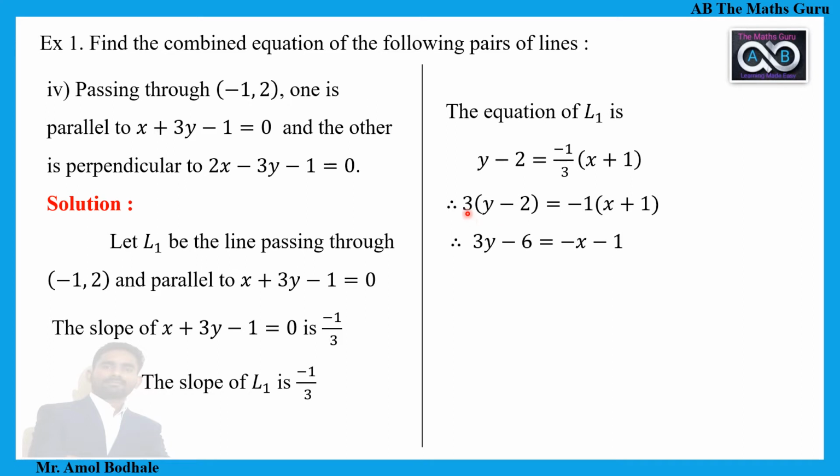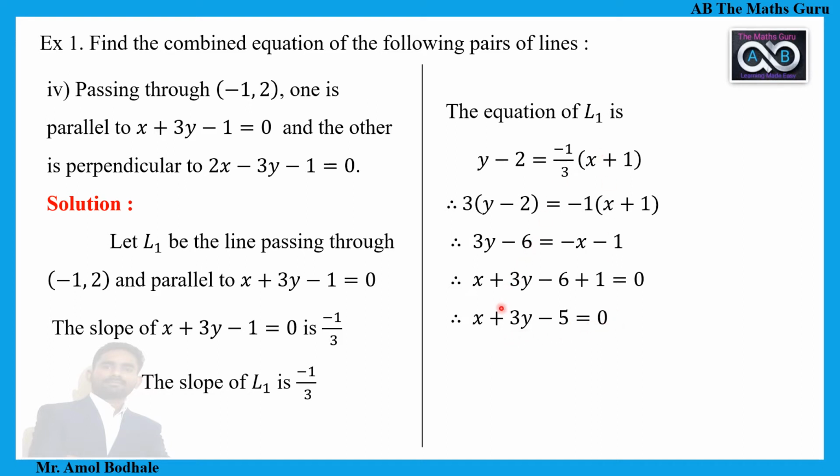So 3y minus 6 equal to minus x minus 1. If we take minus x and minus 1 on this side, we get x plus 3y minus 6 plus 1 equal to 0. Therefore, x plus 3y minus 5 equal to 0. So this is the equation of L1.